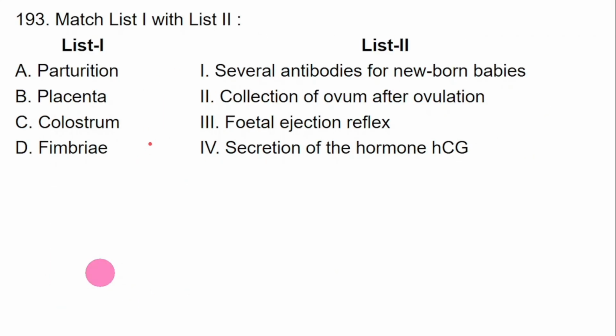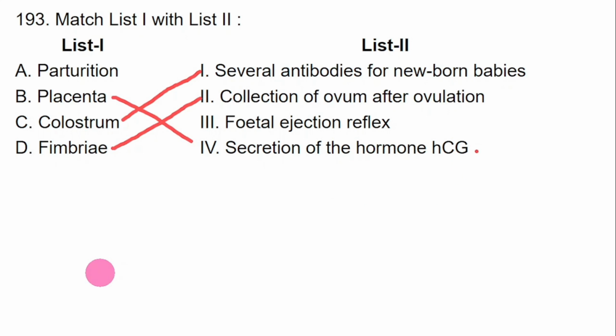So let's make the final match again. Fimbriae are finger-like projections that help in collection of ovum. Colostrum is the milk produced in the initial days after childbirth. It is rich in antibodies which protect the newborn babies. Then placenta secretes hormones.